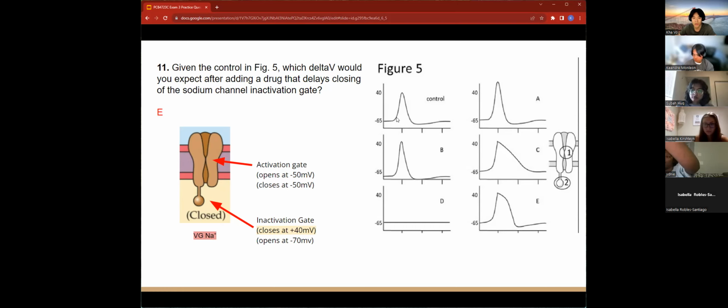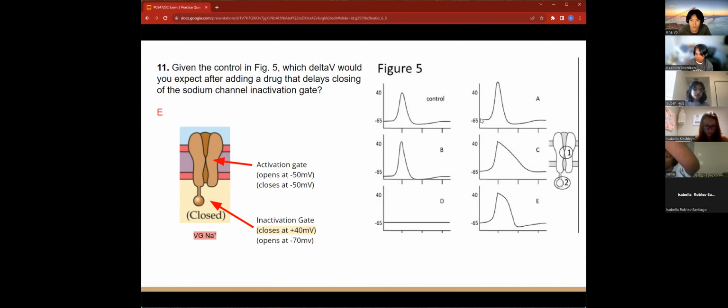Basically, once we are in this state here, you cannot fire another action potential because the inactivation gate will only open once the voltage is dragged down a little bit farther than it's at resting, okay? That's what explains that absolute refractory period. That might show up on the exam.